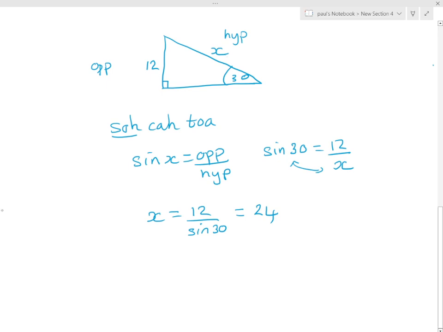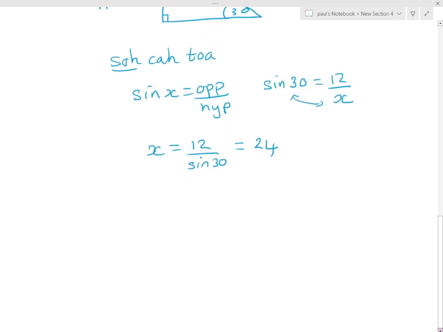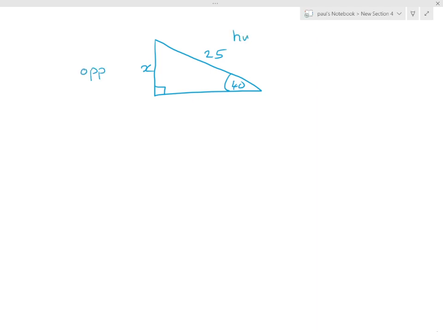That's fine. So let's have another one. I'll try and do an example of every different combination. So we've got 40 degrees there and x over there, and the hypotenuse is 25. So label them up: opposite, hypotenuse.